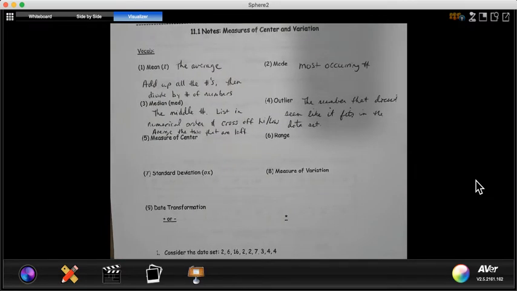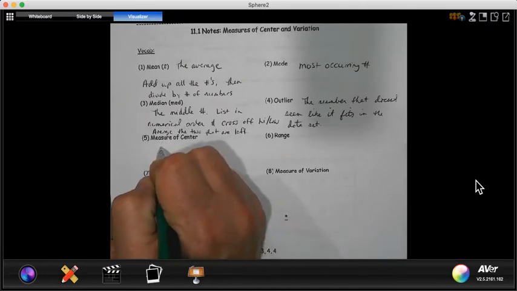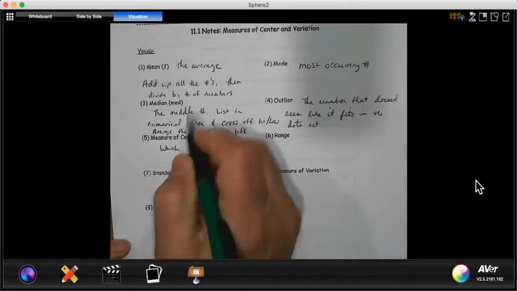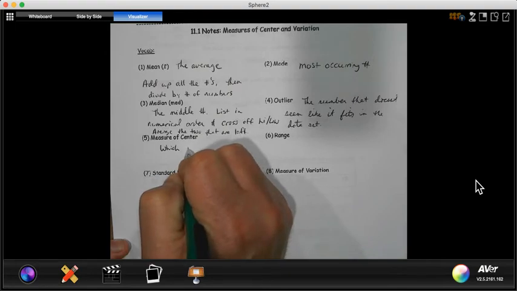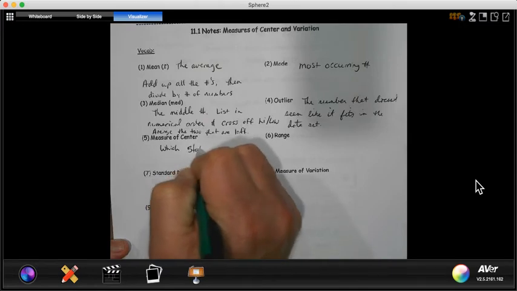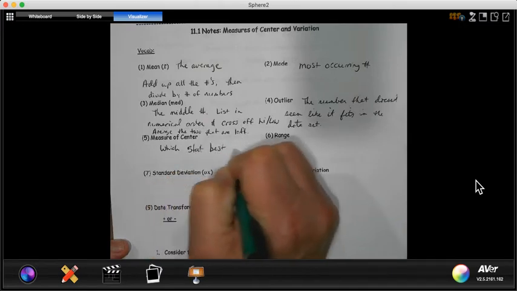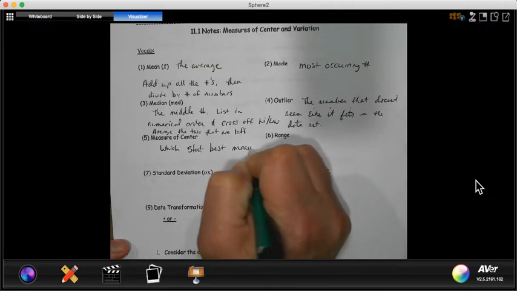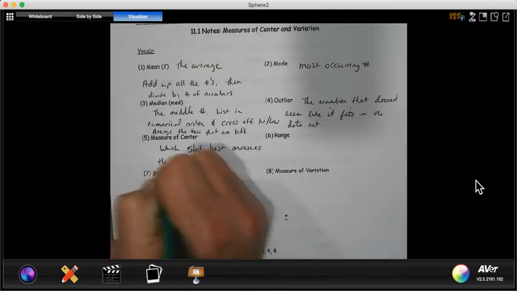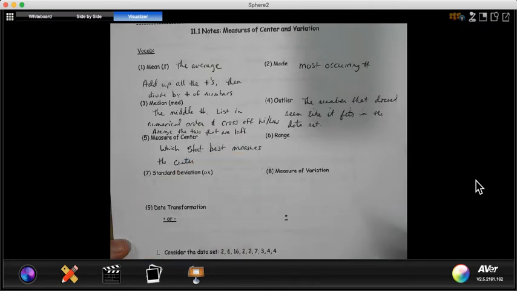The measure of center, and then we have the standard deviation, and then the measure of variation. The measure of center is which stat best measures the center.